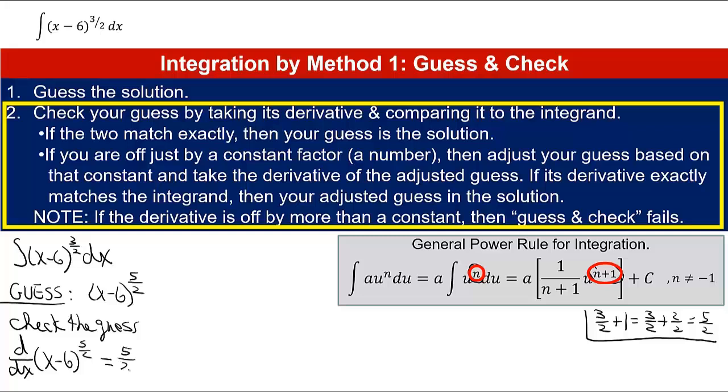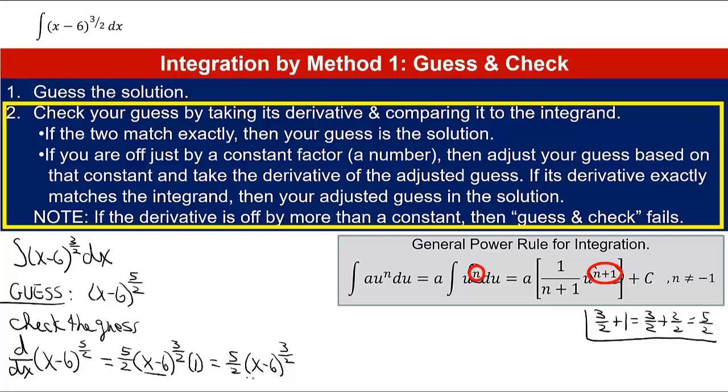That would be 5/2 times the base to the 1 less power, just working backwards from the calculation we did a minute ago. 1 less than 5/2 is 3/2, and then the derivative of the inside is 1. So you end up with 5/2 times the quantity x minus 6 to the 3/2 as my check.